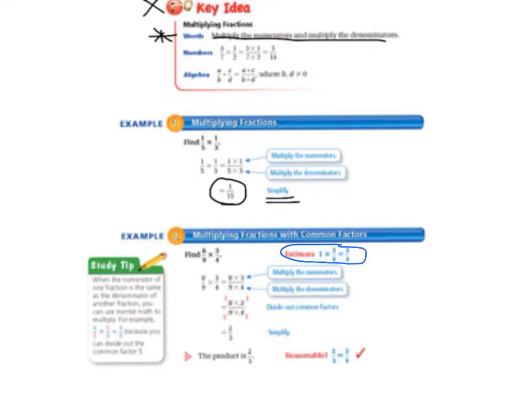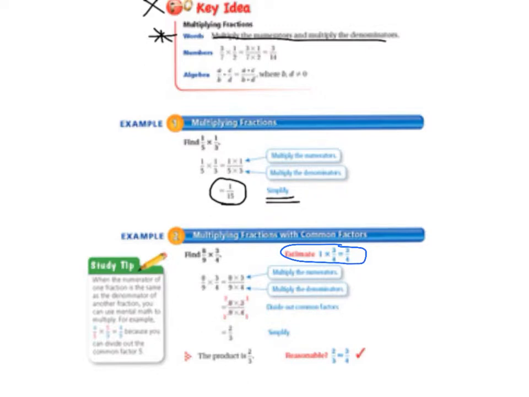So let's look at what the book has us do. 8/9 times 3/4. We're going to be multiplying the numerators and multiplying the denominators. So 8 times 3 and 9 times 4. But before we do that, we're going to do a little canceling out of the common factors. So we know that 8 is divisible by 4.